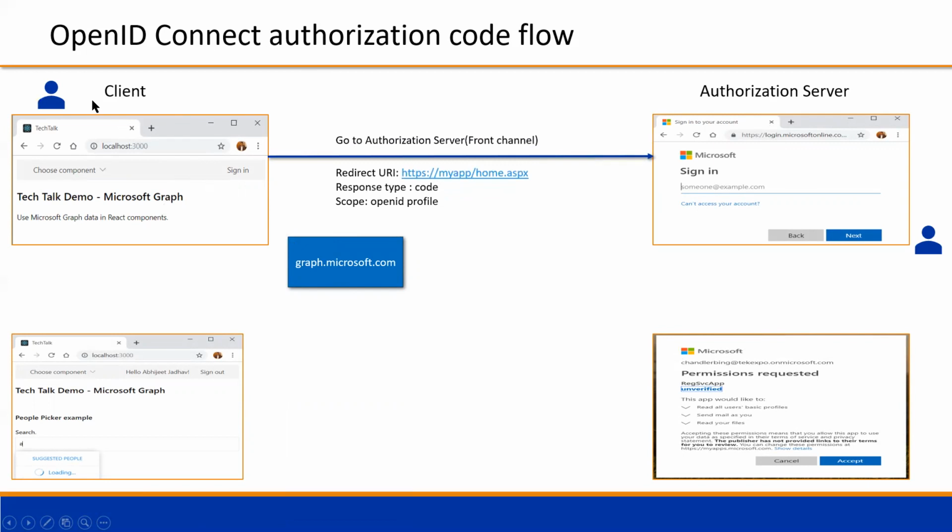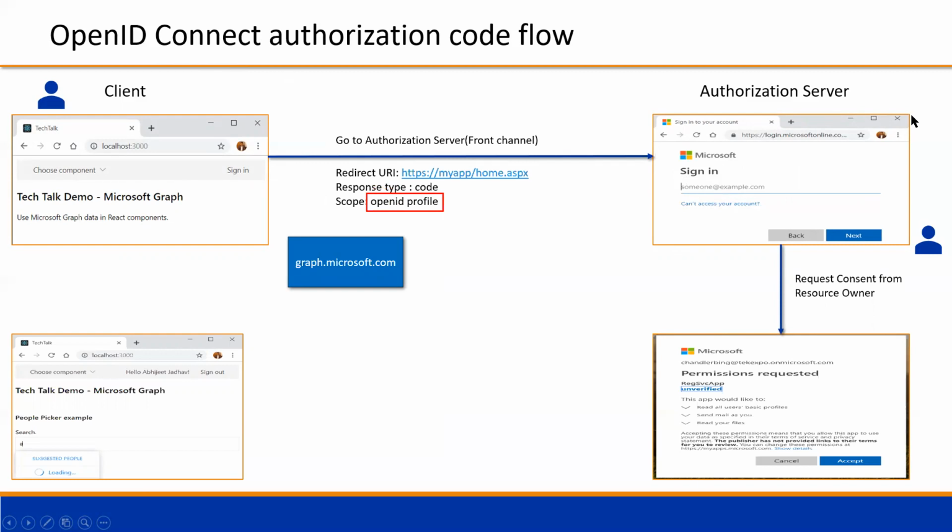When the client requests authentication from the authorization server, instead of sending the response type and scope as before, there is a difference in the scope. This is the only parameter which is changed in OpenID Connect. When you are trying to log into any of the systems, it sends scope as openid profile.